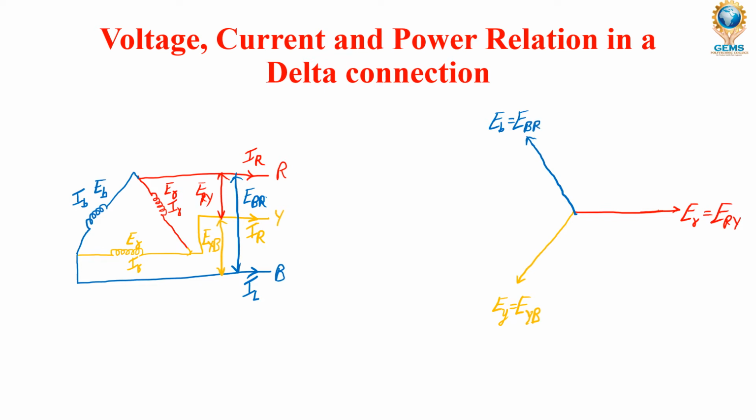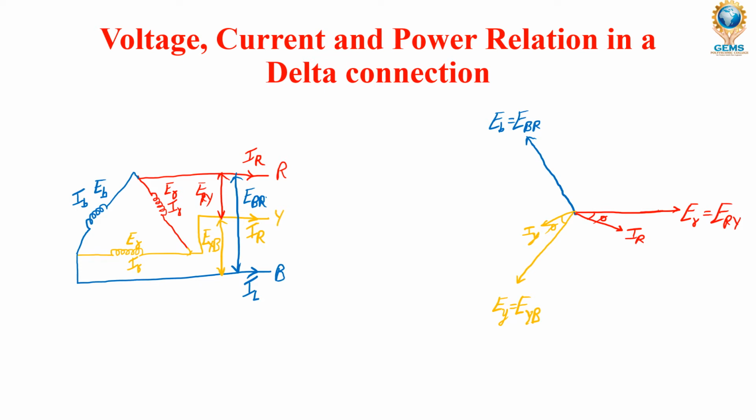Now the current is going to lag with this one. This is IR with an angle phi, and the current at Y is IY with an angle phi.